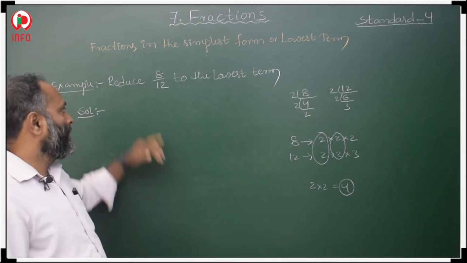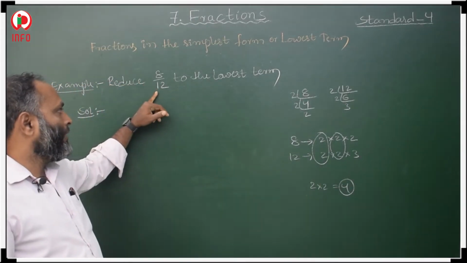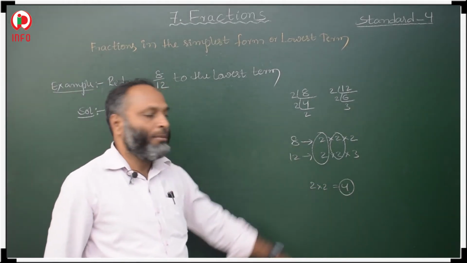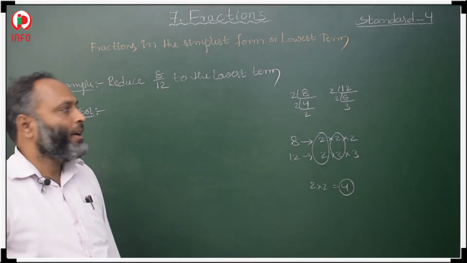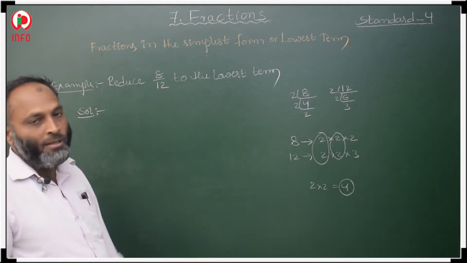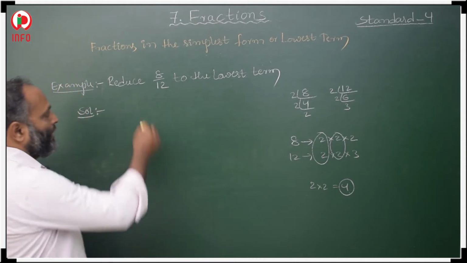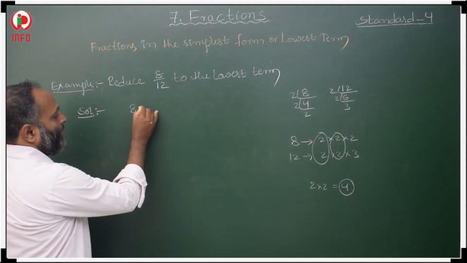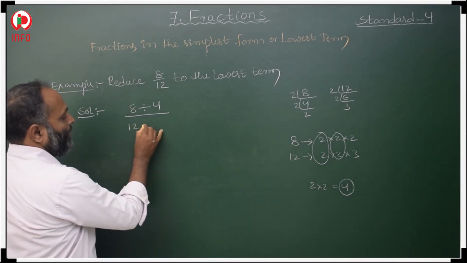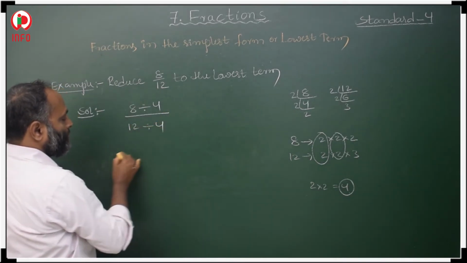It means 8 and 12 are both divisible by 4, that is, the HCF of 8 and 12 is 4. So with that we have to divide the numerator and denominator: 8 divided by 4 by 12 divided by 4.